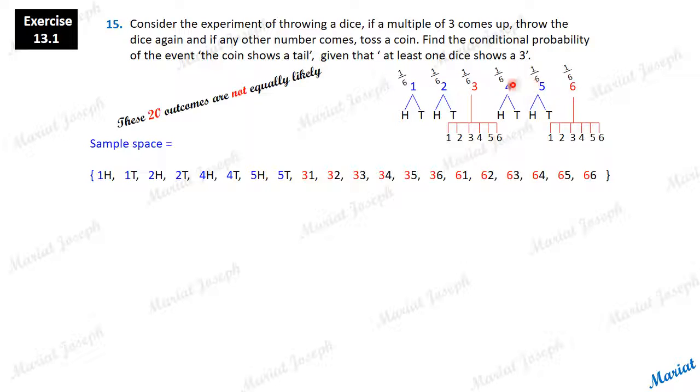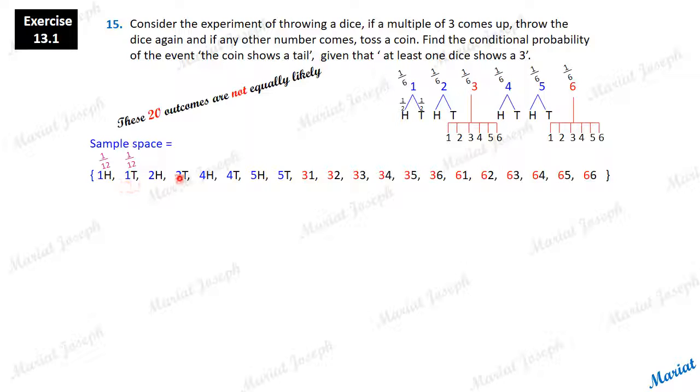But the outcome 1 happening at the first stage has chance 1 by 6, and at a later stage, this chance gets divided into either head or tail. So this 1/6 chance gets divided into half-half. So 1H gets half of 1 by 6 and 1T gets half of 1 by 6, which means 1H and 1T have probabilities 1 by 12, 1 by 12.